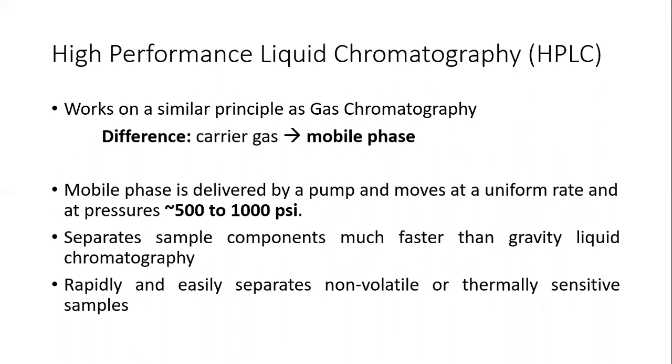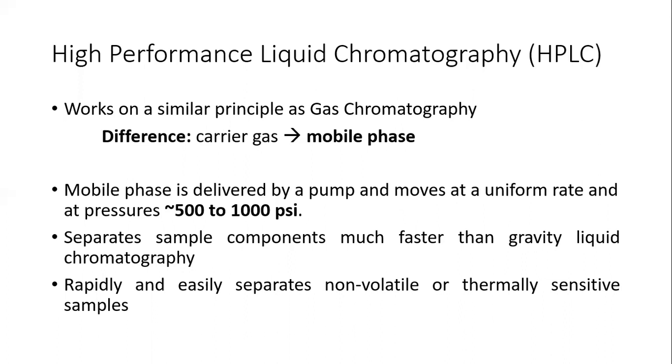The only difference is that this time your sample is a liquid. Therefore, dapat iba na rin yung magiging mobile phase. The mobile phase kanina sa gas chromatograph is a carrier gas. Dito sa HPLC, mas magandang tawagin na term is mobile phase.